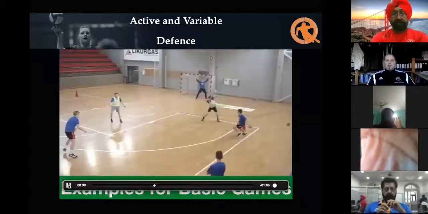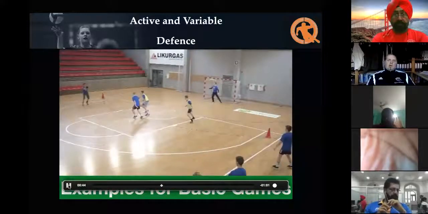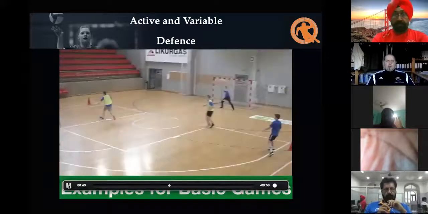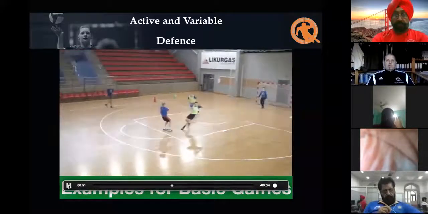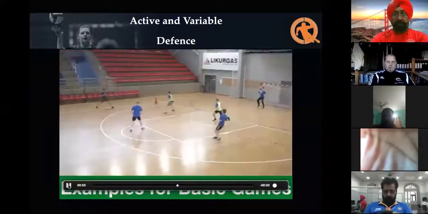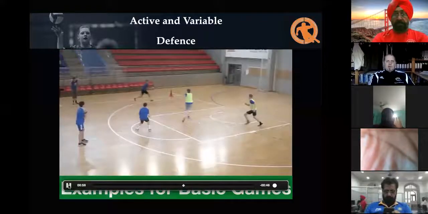Sink back, step out, feint, go back. And then the goalkeeper must save. Okay, so you see, this is really a gambling defense in that moment, doing things to the offense they don't expect.